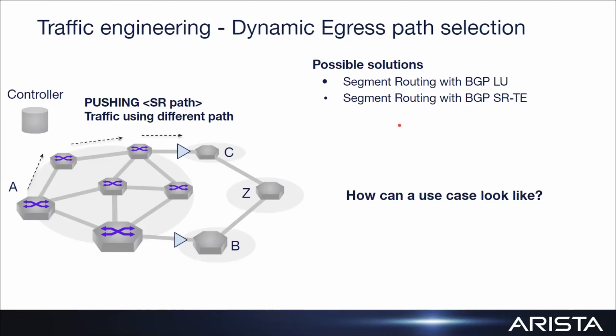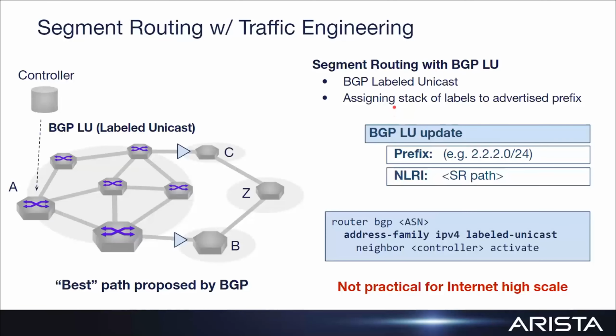Starting with the simple case, BGP label unicast. It is enabled in the BGP process using a dedicated address family. After that, we can receive BGP updates containing a prefix and SR path as network layer reachability information.